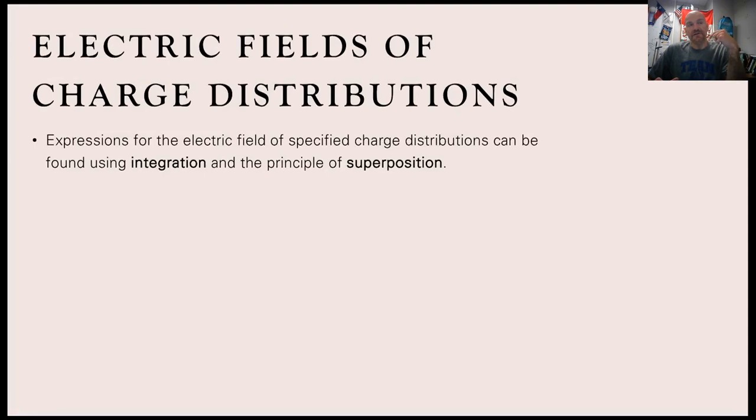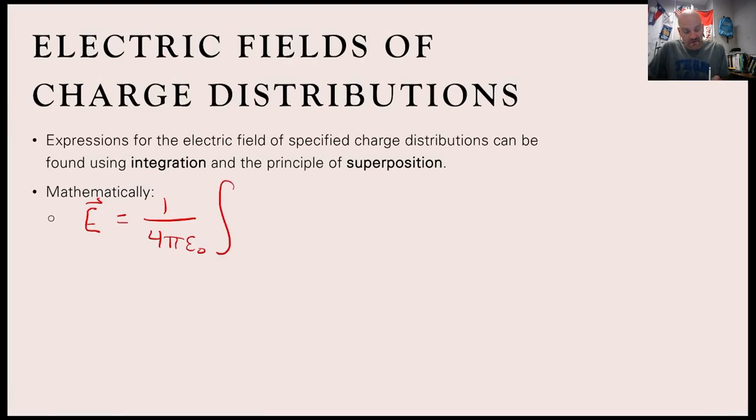The expressions for the electric field of specified charge distributions can be found by using integration and the principle of superposition. So this is a section where calculus will run right into it. What you're going to do is use the equation E, our electric field, is equal to 1 over 4 pi epsilon naught, which is simply k, times the integral of dq, should be a lowercase q.